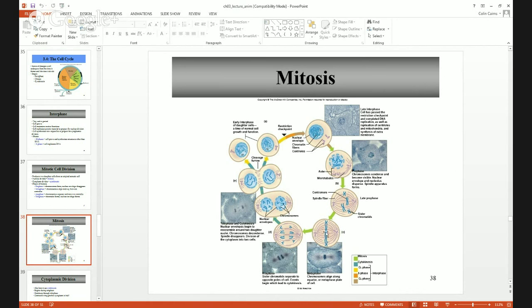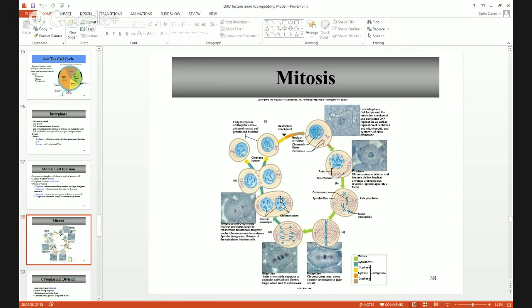Then, during metaphase, those chromosomes align along the equator. And in anaphase, the sister chromatids separate to opposite sides of the pole. And then we start the events that begin leading up to cytokinesis. And during telophase, the nuclear envelopes begin to reassemble around two daughter nuclei.